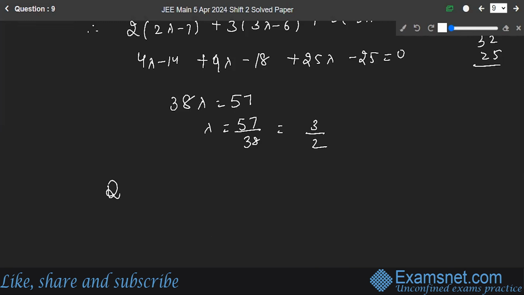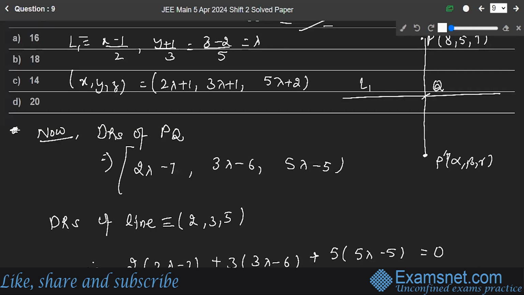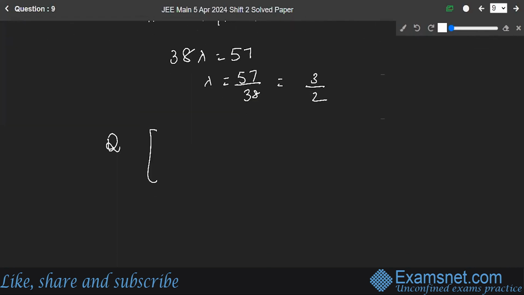Therefore, the Q point will be given by, from here, 2 lambda plus 1, 3 lambda plus 1, and 5 lambda plus 2. So this will give me 2 into 3 by 2 plus 1, then 3 into 3 by 2 plus 1, then 5 into 3 by 2 plus 2.